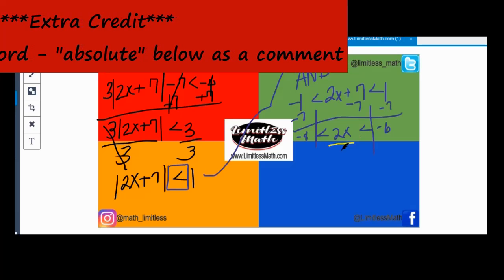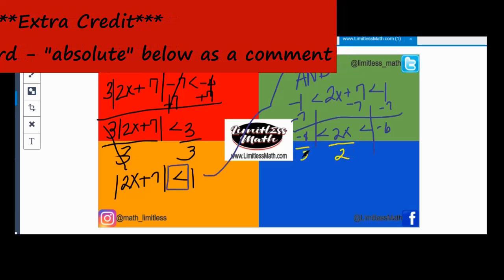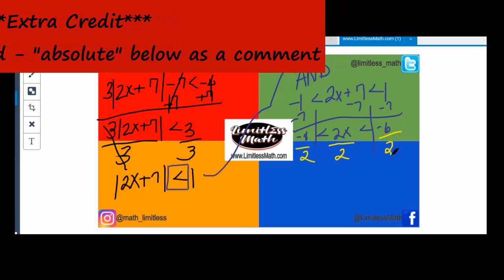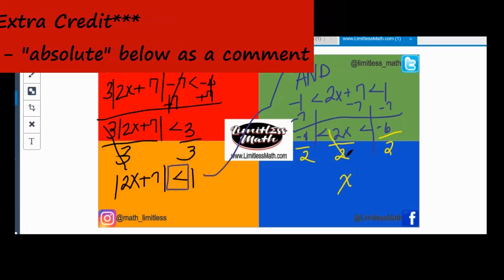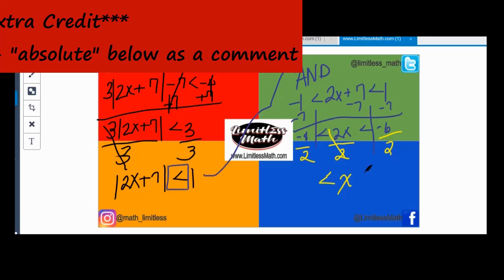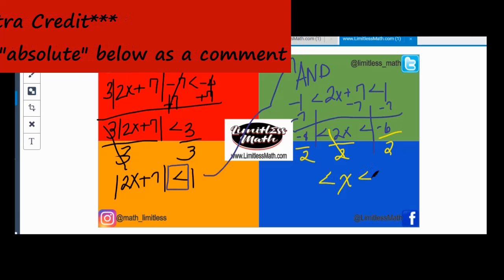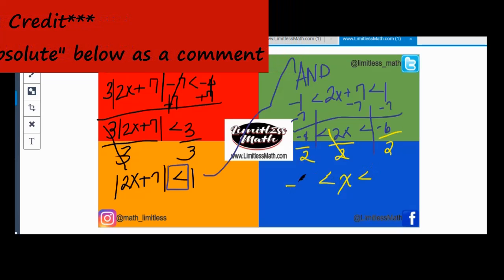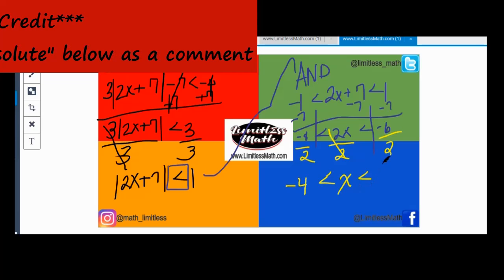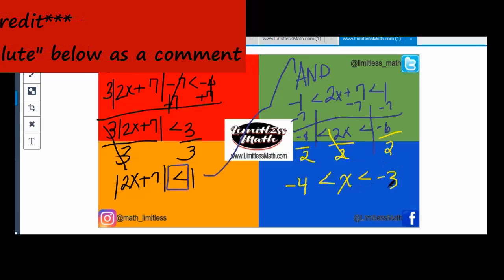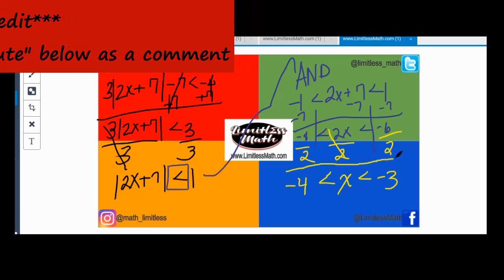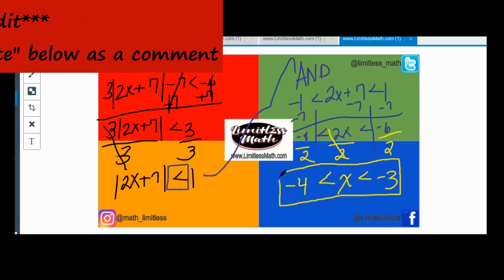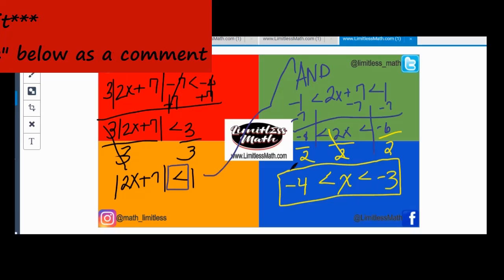Now we just need to divide all 3 sections by 2 so that x is alone. 2's cancel. Since we divided by a +2, we don't need to change our sign. Now we'll just have -4 is less than x, which is less than -3. And of course, you can graph your solution.